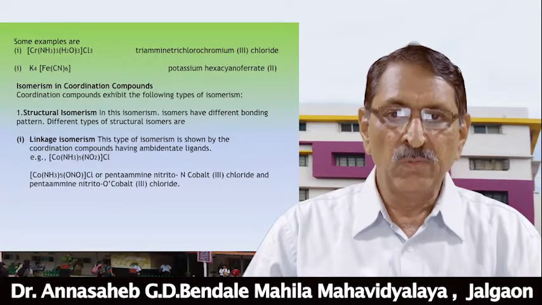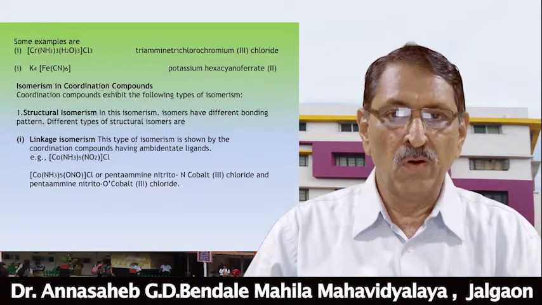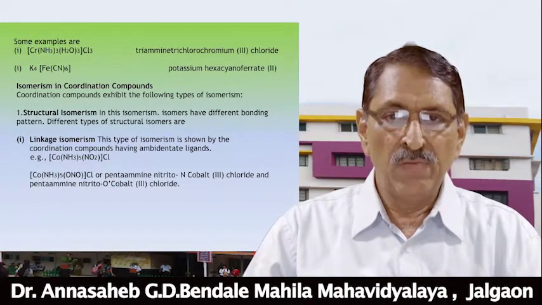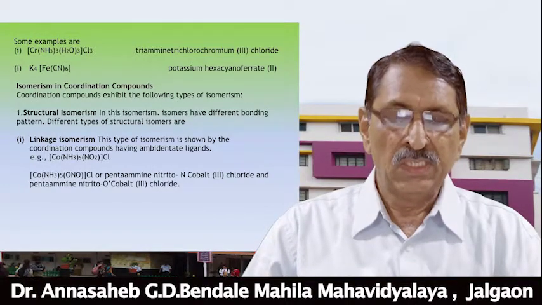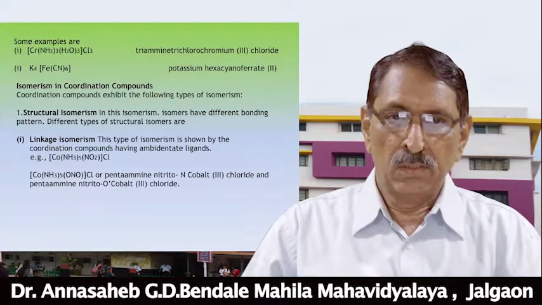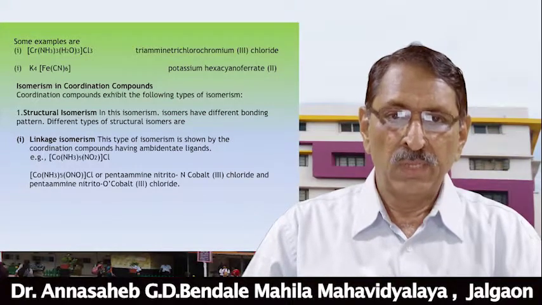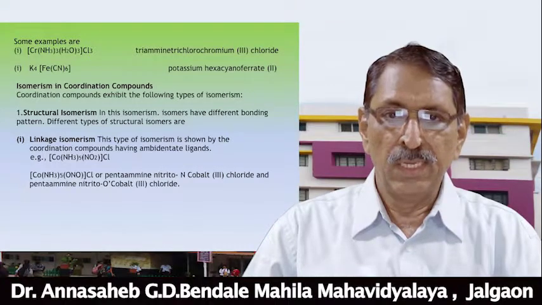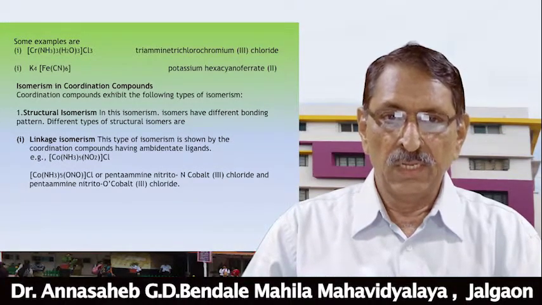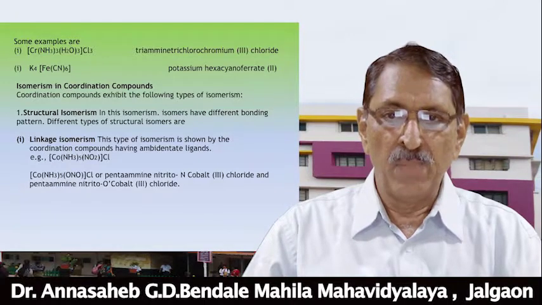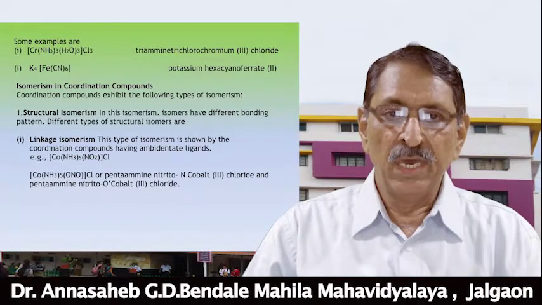This type of isomerism is shown by coordination compounds having an ambidentate ligand. For example, pentaammine nitro cobalt(III) chloride. This is an example of linkage isomerism, and in this example the nitro ligand is an ambidentate ligand, that is, it has two modes of attachment to the same metal ion.